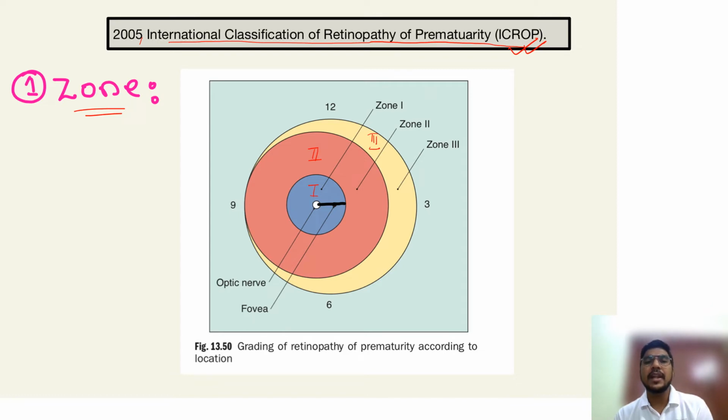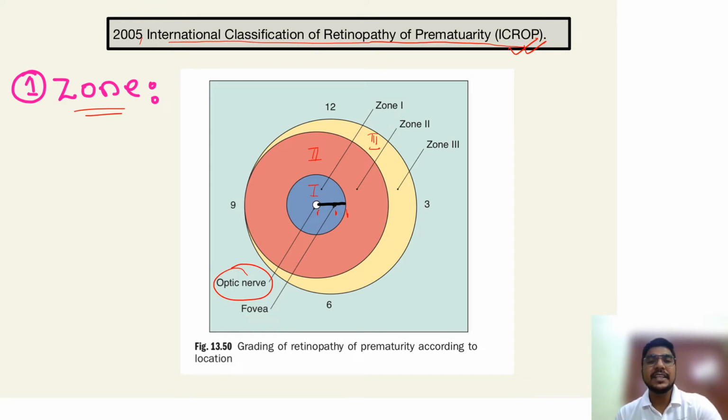How will you determine this? The posterior pole is in zone 1, in the blue circle. This blue circle has the optic disc, the optic nerve, in the center, and the radius is double the distance between the optic disc and the fovea. Very simple.